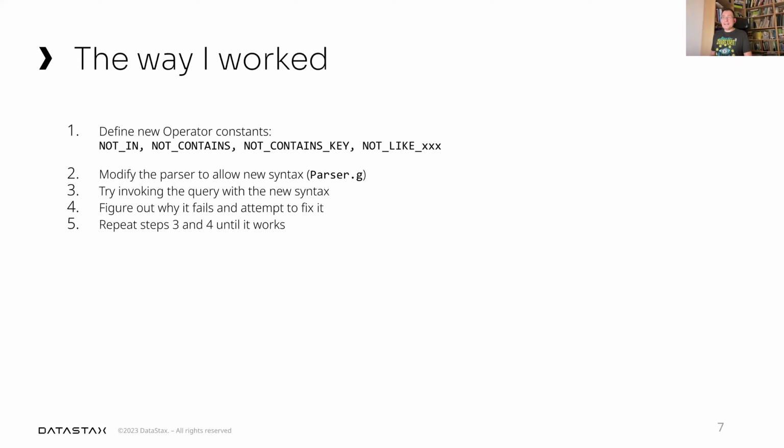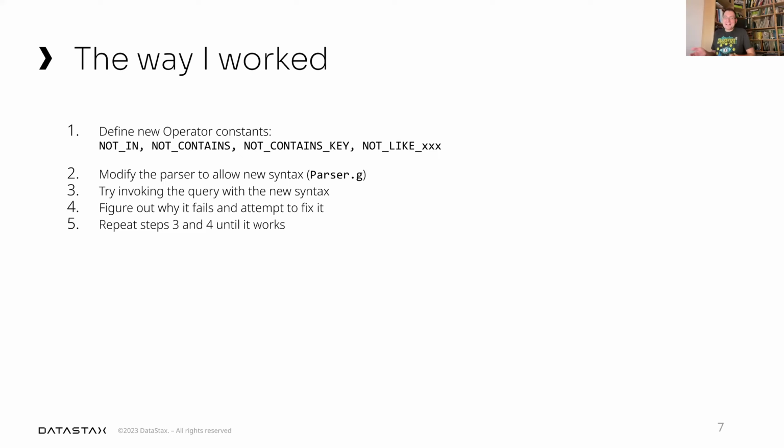For that, I had to create special variants for not in, not contains, and not contains key operators in the operator enum. After adding that to the enum, I added proper productions into the parser, which were mostly copy-paste of the positive operators, just adding the not keyword in front. Then I compiled it and tried running queries with not operators. Of course, I knew that it would crash, and I just observed the exceptions I got.